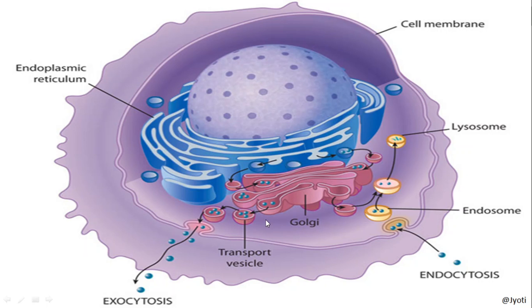Now you can see these transport vesicles on this side and this side. On both sides you can observe these vesicles are transported to the cytoplasm for the formation of lysosome at one end, and at the other end you can see that unnecessary proteins or some proteins are also released out of the cell, and the vesicular proteins are also used for the formation of the plasma membrane.